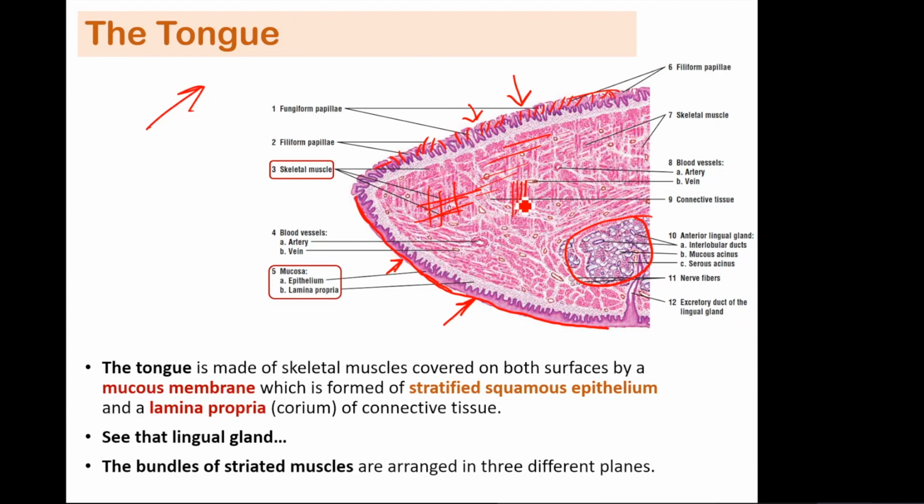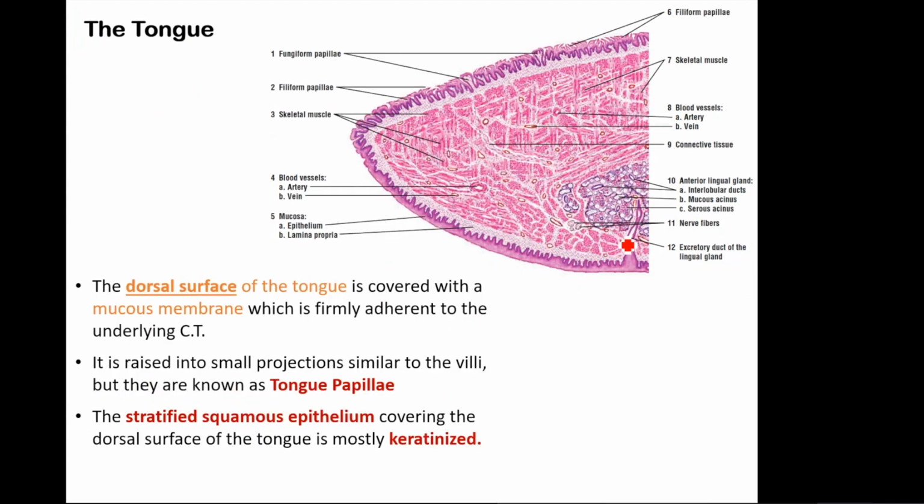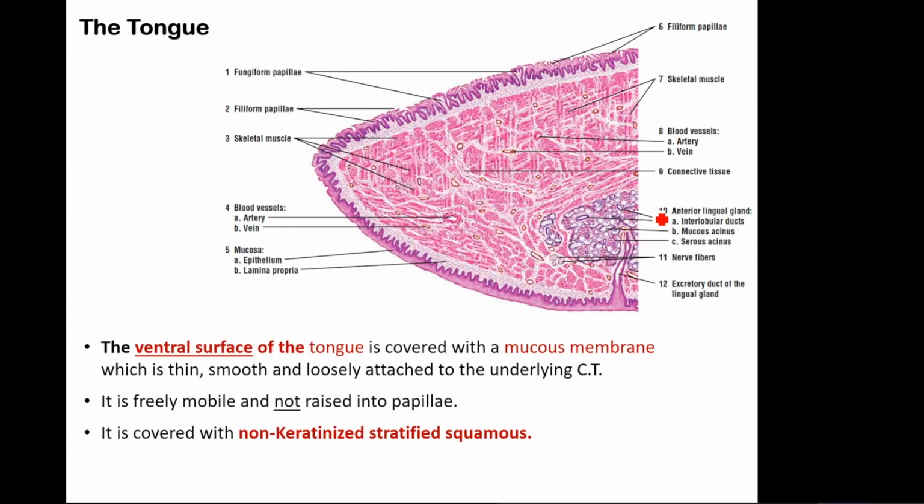They can be vertical, transverse, or longitudinal, superior and inferior as well. So yes, these are the major structures in the tongue. We mentioned that the ventral surface of the tongue is non-keratinized, compared to the dorsal one, which is keratinized.